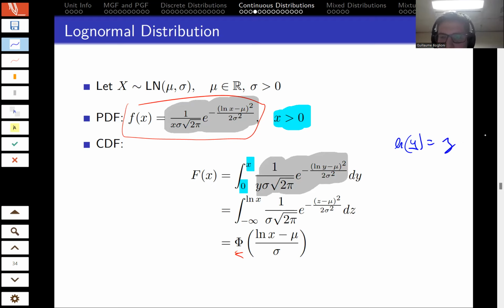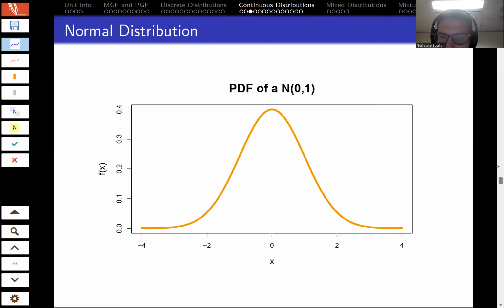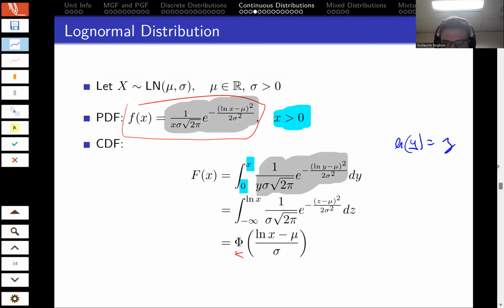Which also means that dz would be the derivative of this, so 1 over y dy.